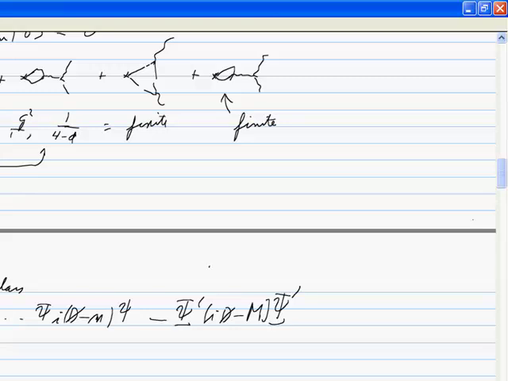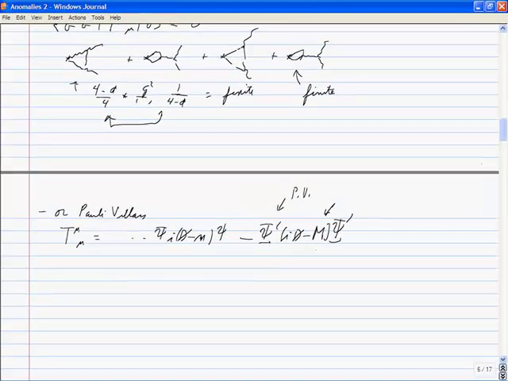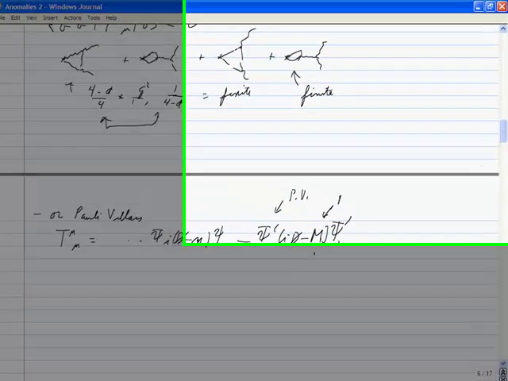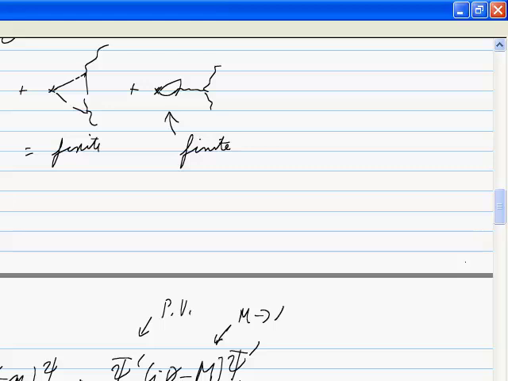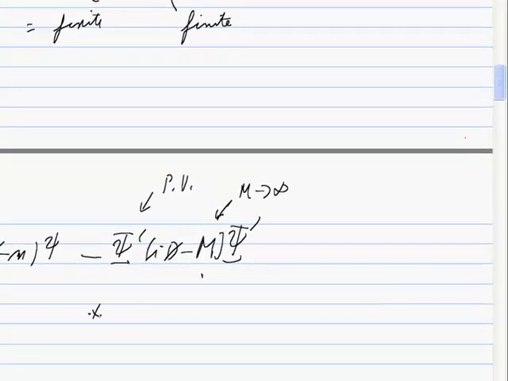This is the Pauli-Villars guy, and you'd subtract it off. But you're subtracting off a heavy guy, so it carries a lot of energy and momentum. And so m goes to infinity. When you do the loop, it's this loop here that kills you in that case.